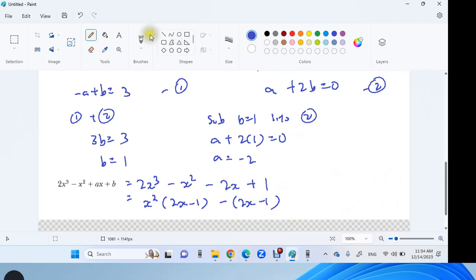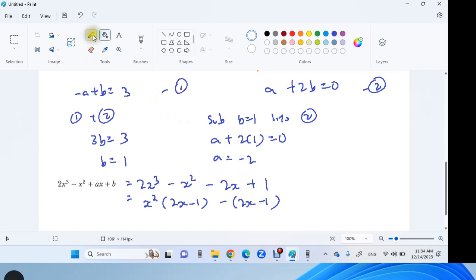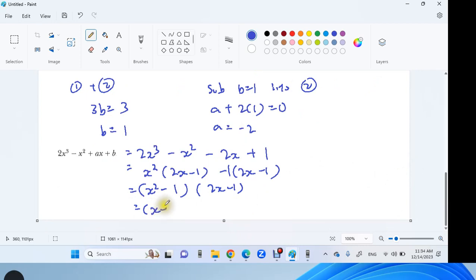Then what I have next is x squared minus 1, and then 2x minus 1. So we have x plus 1, x minus 1, 2x minus 1. So this is the equation.